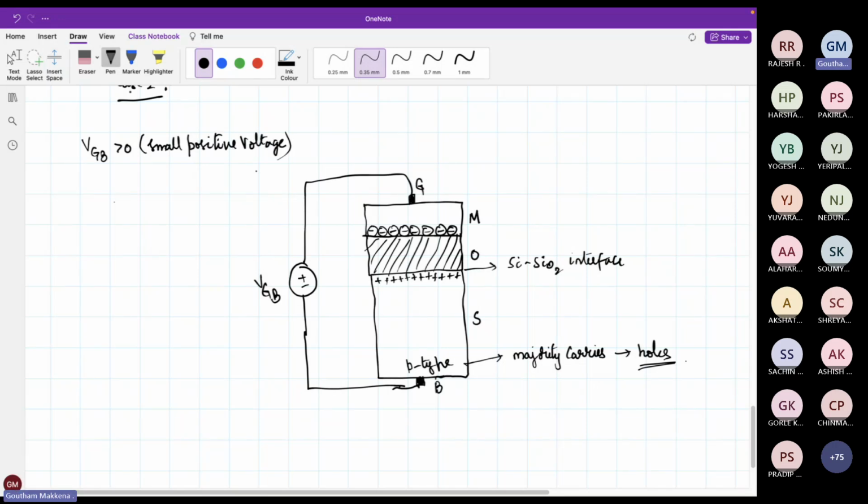So because this is a positive voltage, what will happen to this? So there will be some positive charges deposited on this plate of the capacitor. Right. So what will happen here? Tell me, what will happen at the interface now? Previously, we have seen that the majority carriers, that is nothing but the holes, they came and sat at the Si-SiO2 interface. Okay, what will happen now when VGB is more?